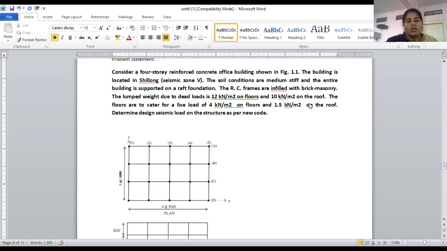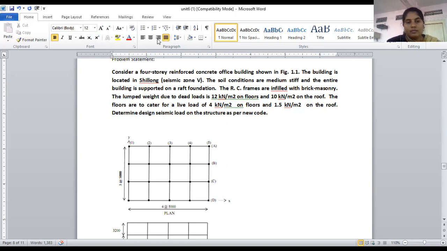Full stop. The floors are to cater for a live load of 4 kilonewton per meter square on floors and 1.5 kilonewton per meter square on the roof.